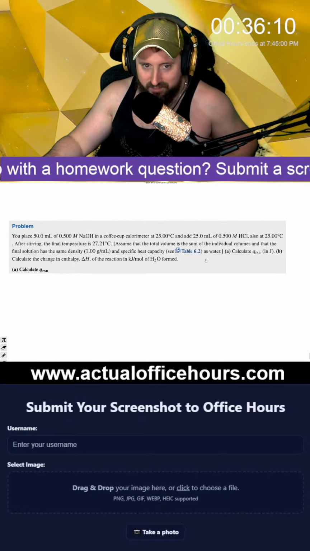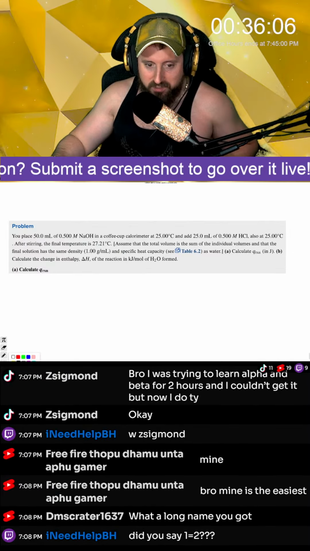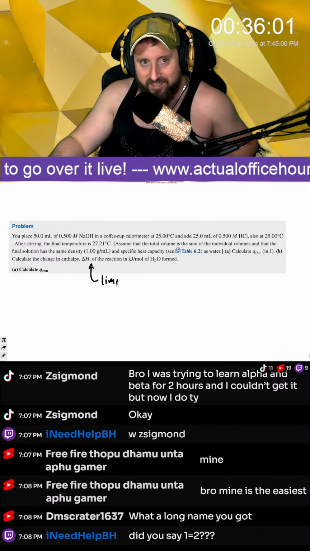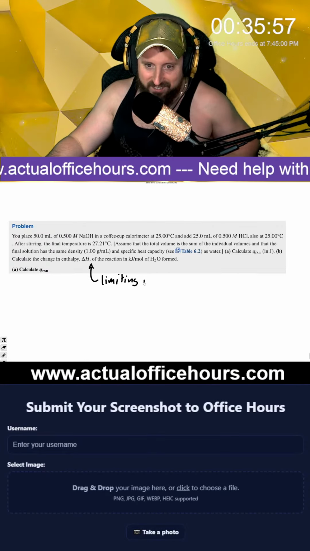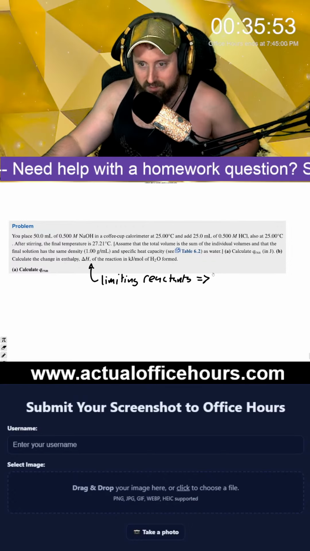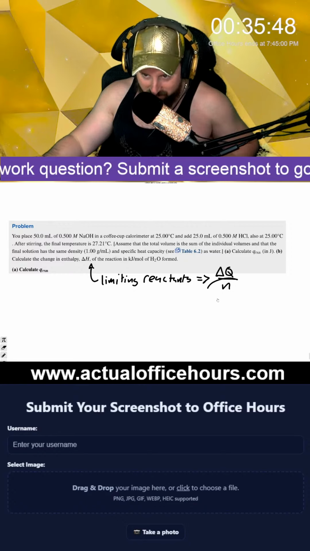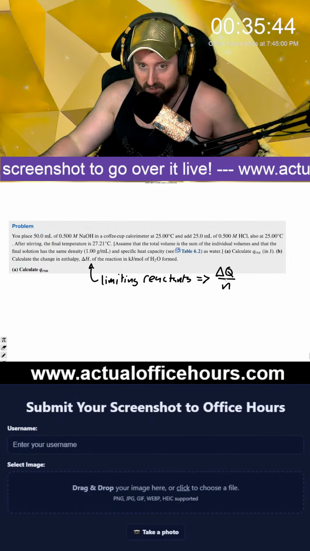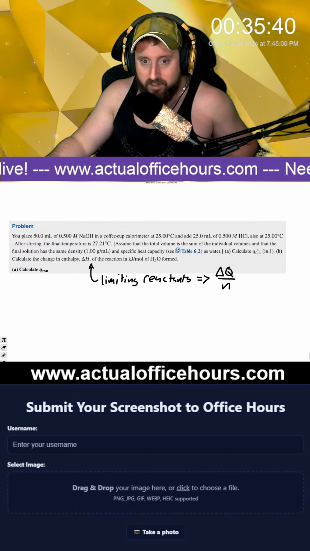Okay, I'm going to do part of this. Because for delta H, this is another limiting reagent question. Did you say 1 = 2? Yes, I'm Terrence. So, limiting reagent, because you need to do delta Q over N, and you have to use the limiting reagent to figure out N. We did that yesterday. I'm not going to spend all the time doing that as well. But I will at least figure out Q for you. Okay, right?